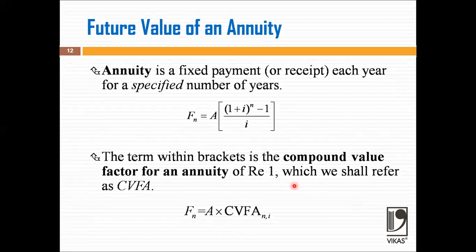Right. Now we will discuss annuity. Annuity means the same amount of money you deposit for an equal period of time. You deposit the same amount of money at equal intervals. It's called an annuity, right?